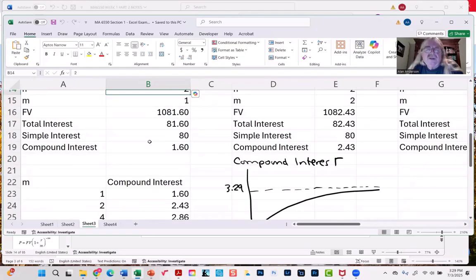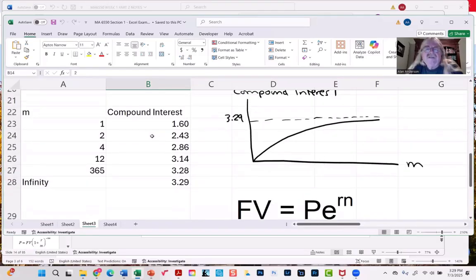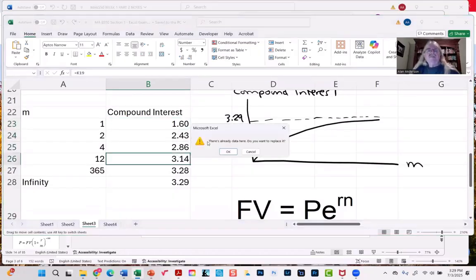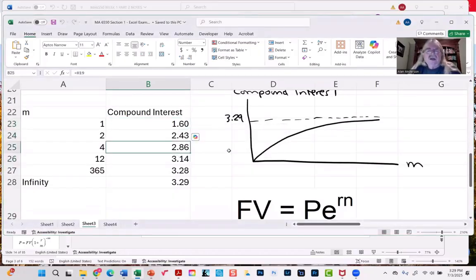And whatever's left over, if anything, is your compound interest. So then I gathered everything up over here on the left in a very convenient chart form. And if you notice, every time I increase the compounding frequency, the compound interest does go up, but the rate at which it increases is decreasing.